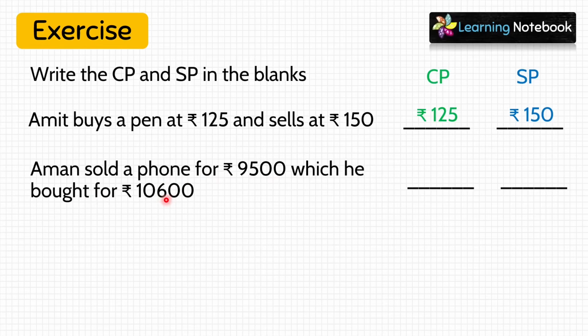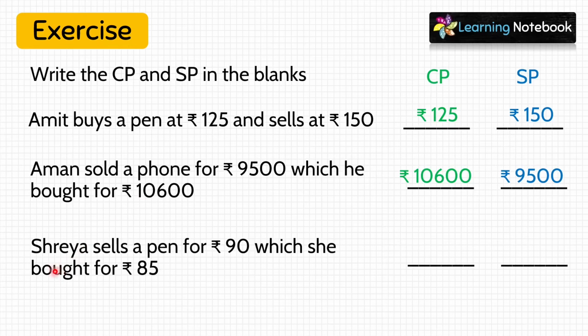So here students, it is given that Aman has sold the phone. So it means rupees 9,500 is the selling price. And the price at which he bought the phone is the cost price. So 10,600 rupees is the cost price.